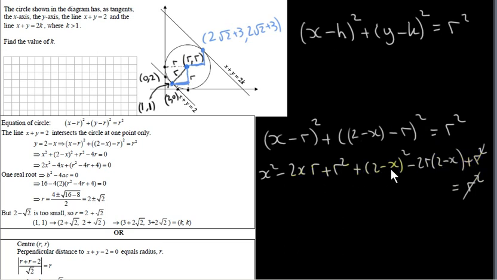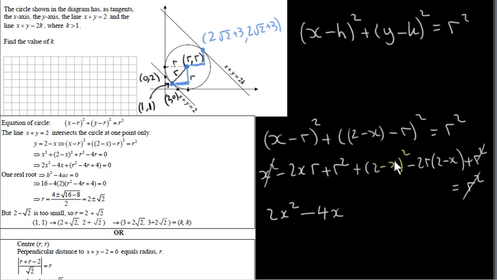Now when we square this out, we're going to get an x squared. When we square the minus x, it's going to give plus x squared. Plus this x squared gives 2x squared. So we've taken care of that. If we just look at the x term here, 2 times minus x is minus 2x. Double it gives minus 4x. So I'll write that down. Now, what else have we got?